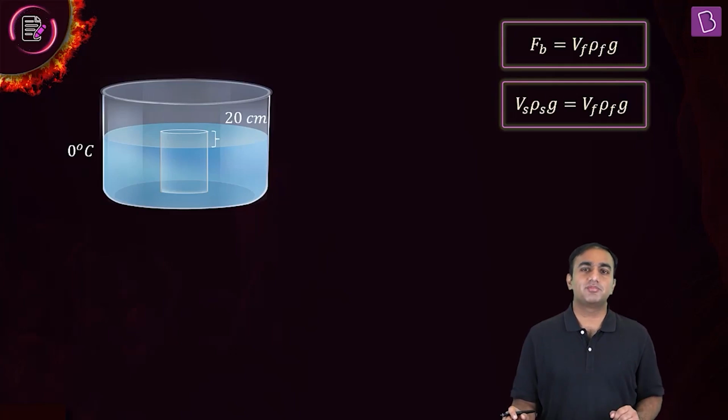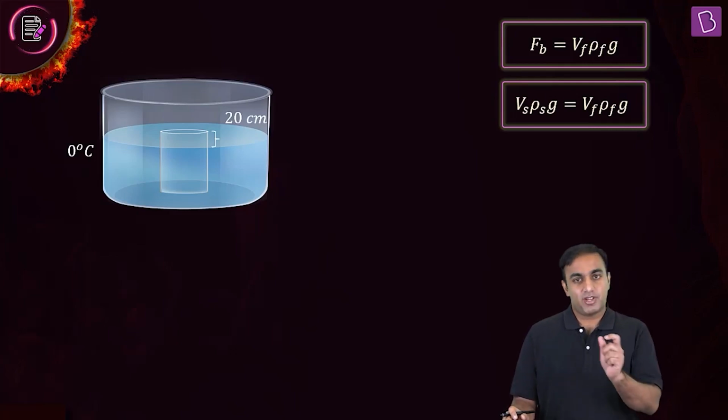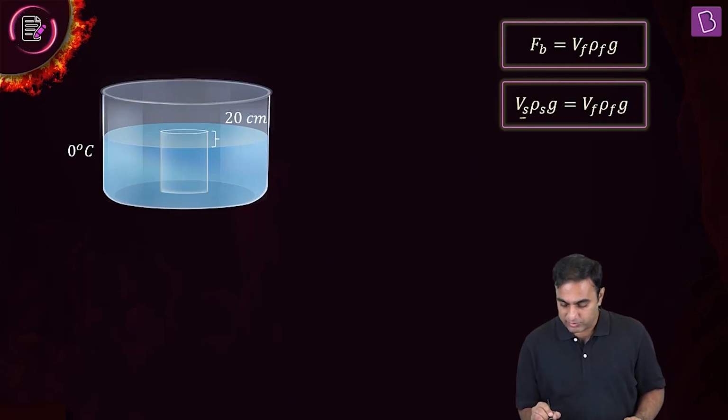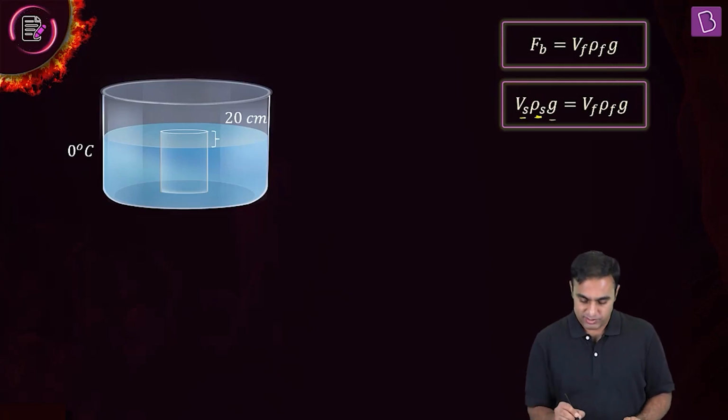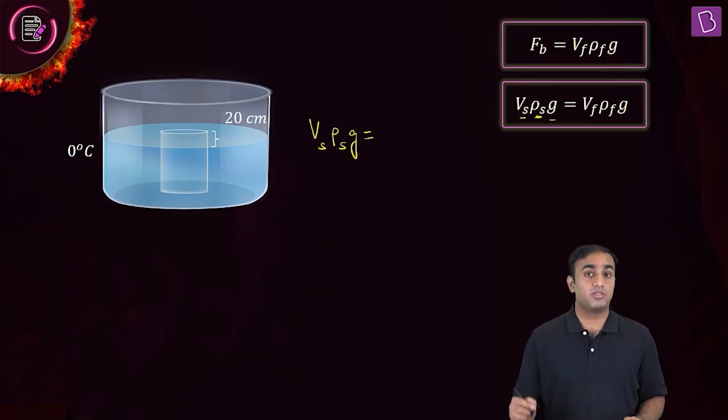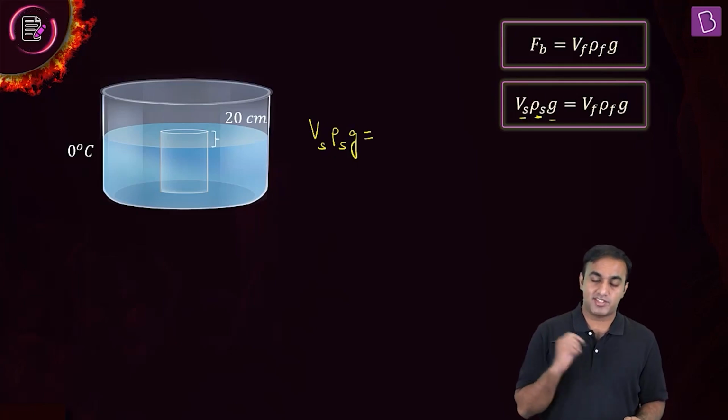What is its weight? Its mass into acceleration due to gravity, which can be written as the total volume of the cylinder, Vs (S stands for solid), into rho S, the density of the solid cylinder, into g, the acceleration due to gravity. So, this is weight. That must be equal to the buoyant force acting on it. What is it? It's the weight of the displaced liquid, which is water at 0 degrees Celsius here.